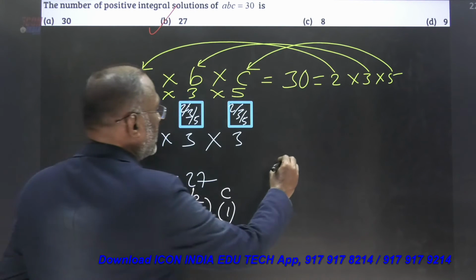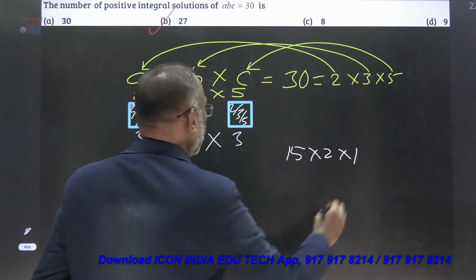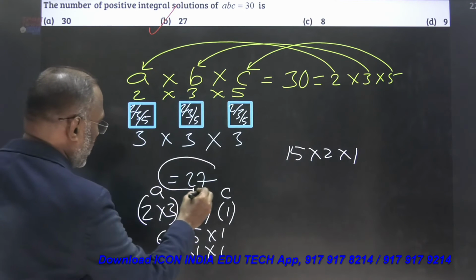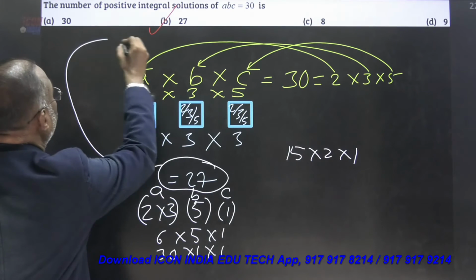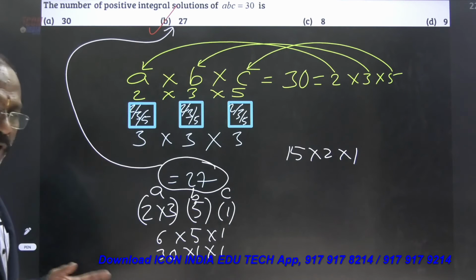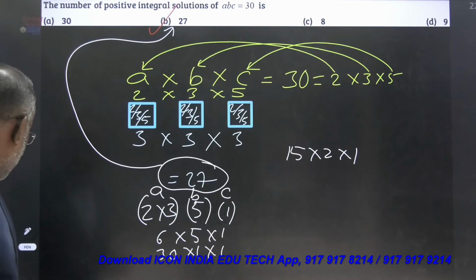Similarly, it can be written as 15 into 2 into 1. Like this, you will have different combinations. And those combinations are nothing but 27, which is option B. This is what you have to understand broadly. It is a common sense point you have to understand.